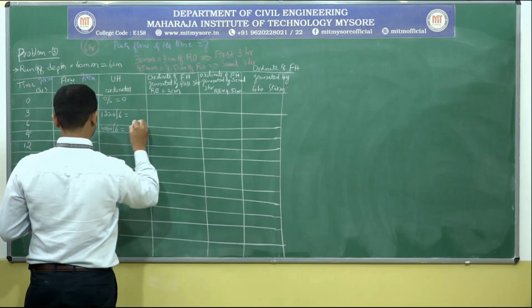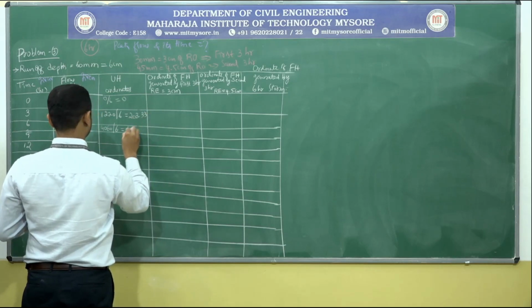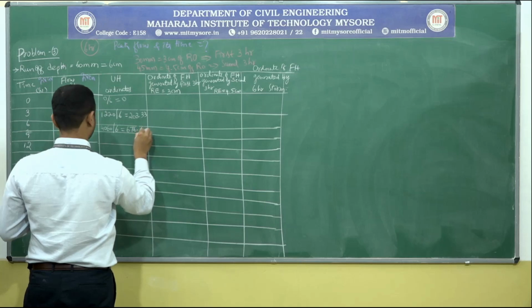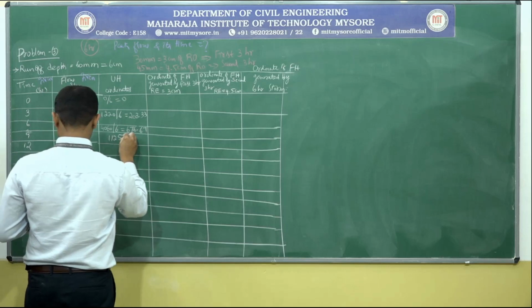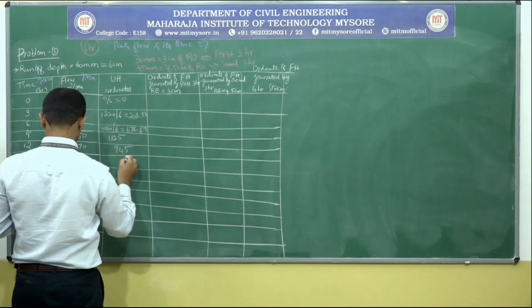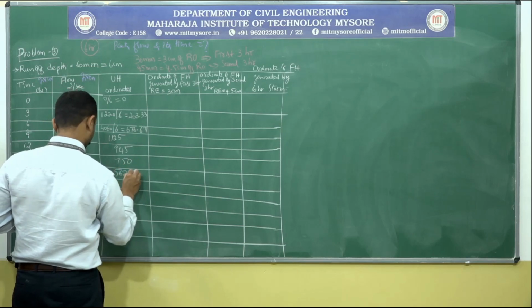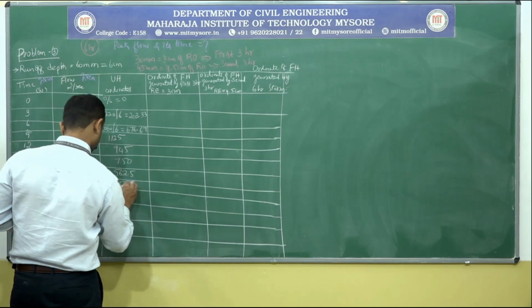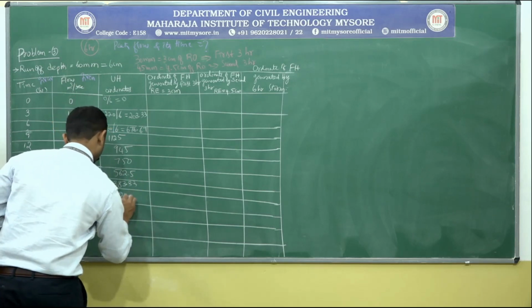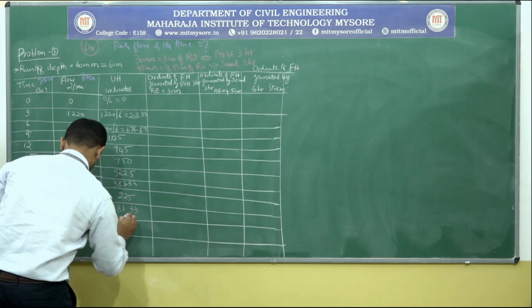First value 0, second value 203.33, and third value 676.67, and next value 1125, next 945, then 750, next 562.5, 383.33, 225, 83.33, and 0.